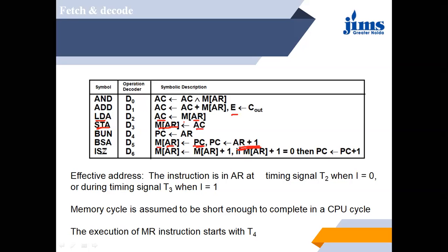Then if memory address plus 1 is equal to 0, then we increase the value of program counter by 1, and we increase the value at memory AR by 1.